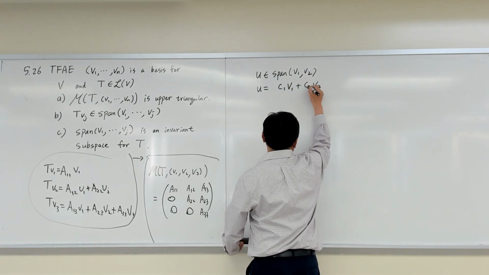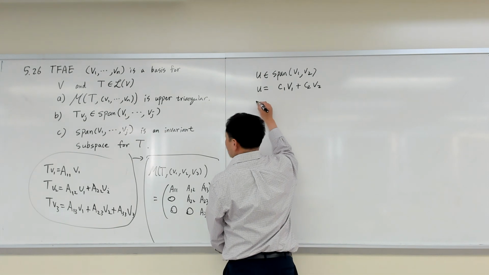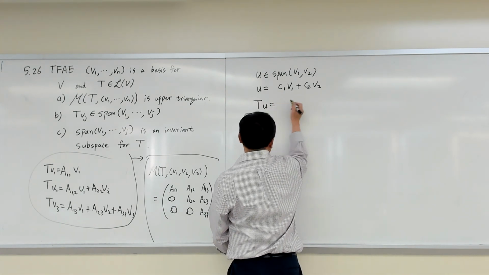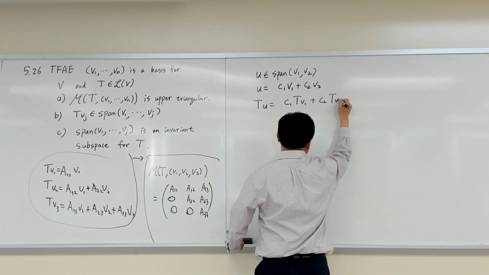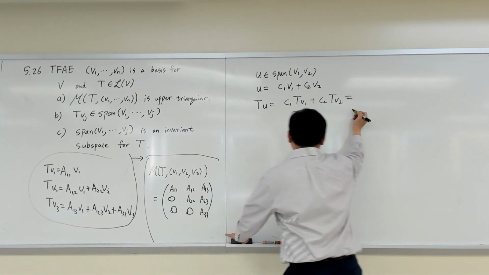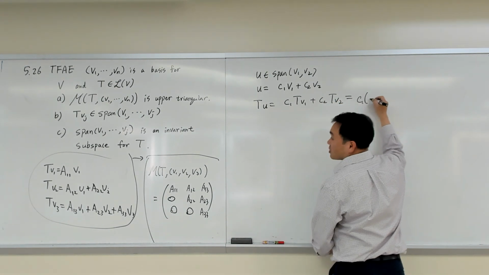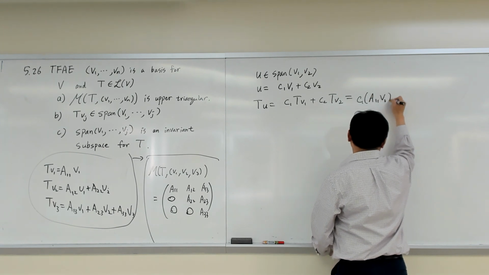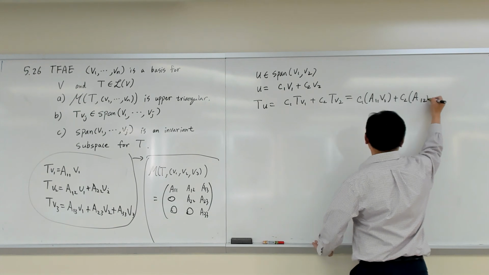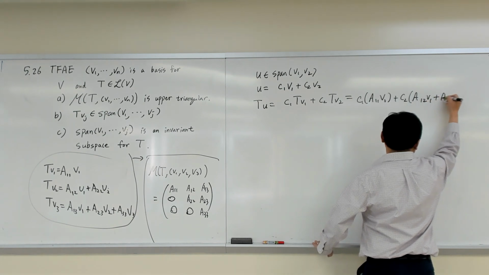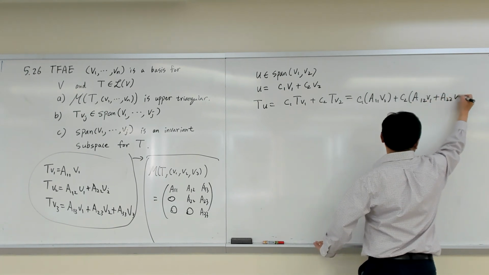Then T of u would be c1 times T v1 plus c2 times T v2 because T is linear, and that's c1 times a11 v1 plus c2 times (a12 v1 plus a22 v2).